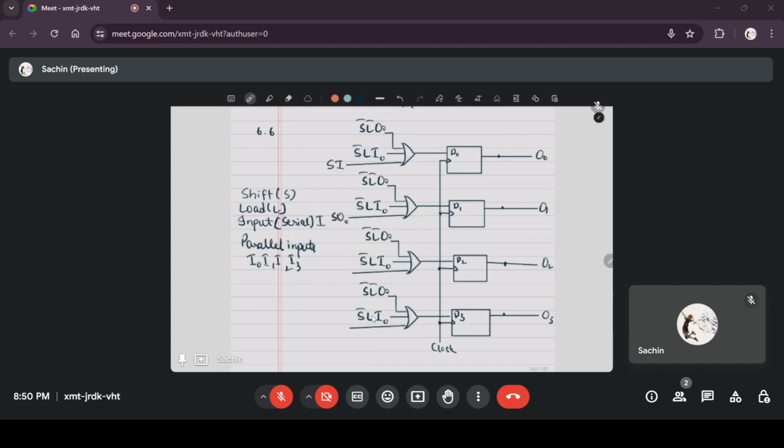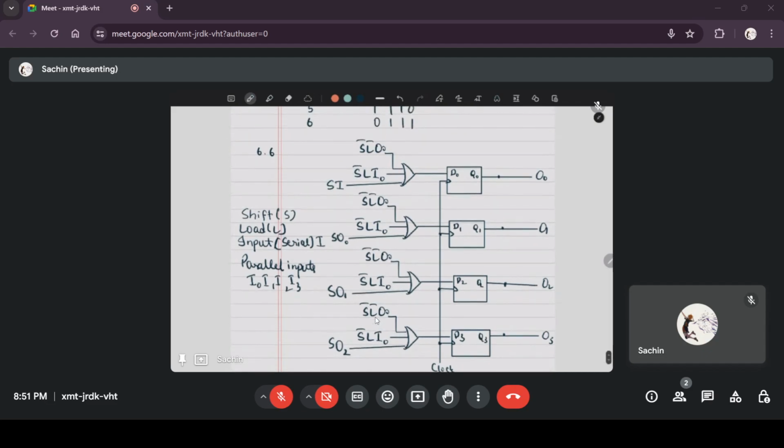Then you're shifting O1 to O2, so this should be S O1. Shifting O2 to O3, this should be S O2. And there you have it. A shift register with parallel load, parallel input, and two control inputs, shift and load.